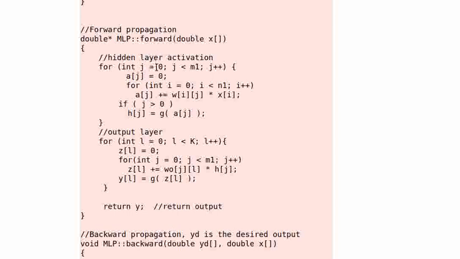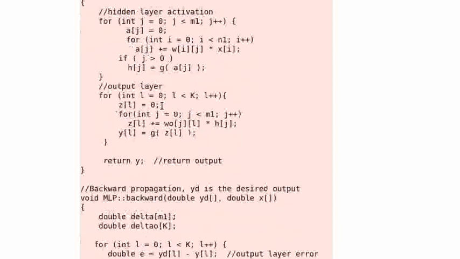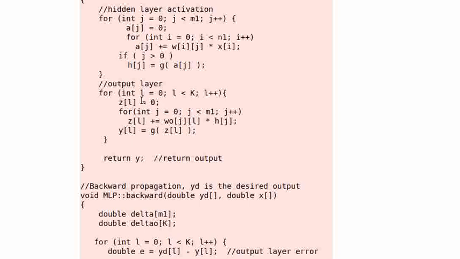The strict implementation of the AJ we just discussed. Sum over the Wij times Xj. And then Hj is equal to G, the sigmoid function, of Aj. And H0 is 1, the bias, and this is the output layer we just mentioned.